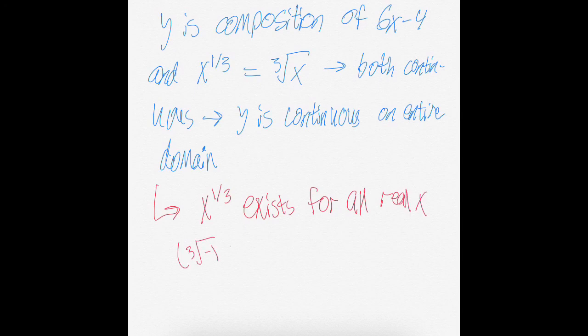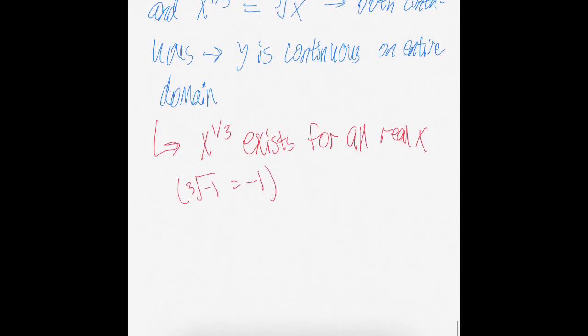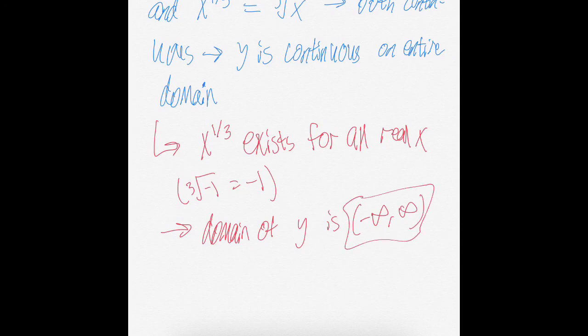Think about it. For example, the cubed root of minus 1 is minus 1. So this demonstrates that even the negatives do have cube roots, which means that the domain of y is all real numbers, minus infinity to positive infinity.